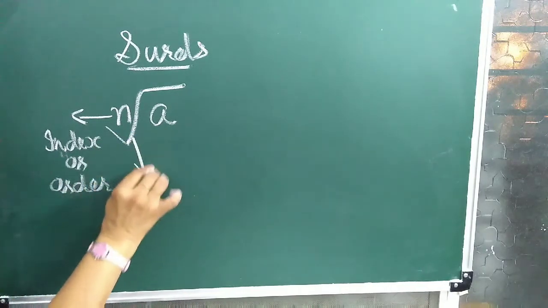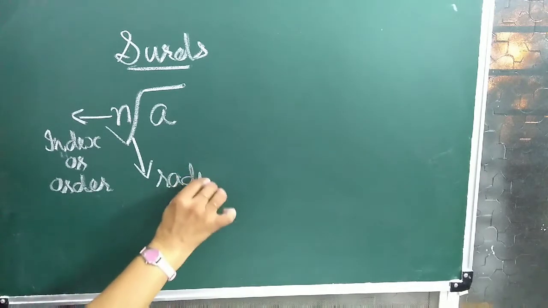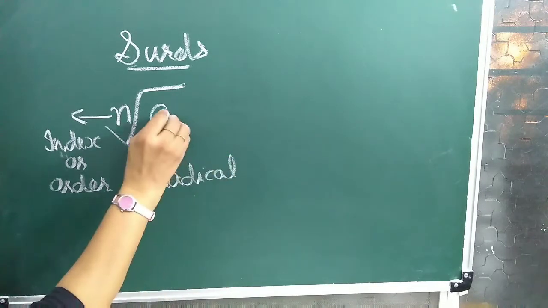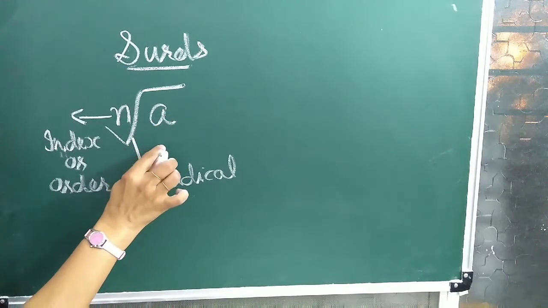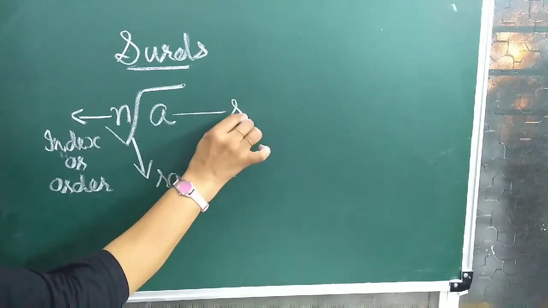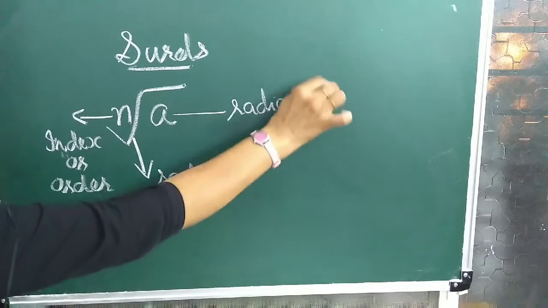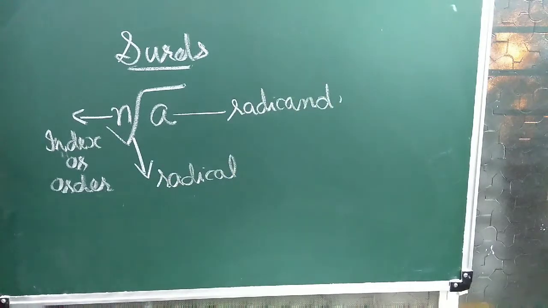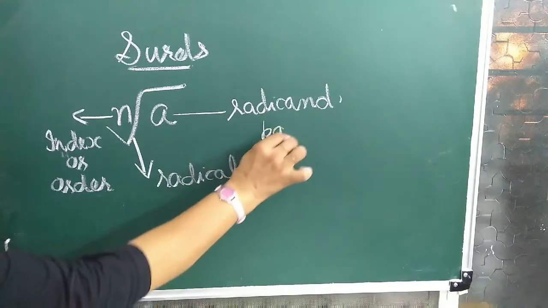This sign is called the radical, and the number under the root is called the radicand, or base.